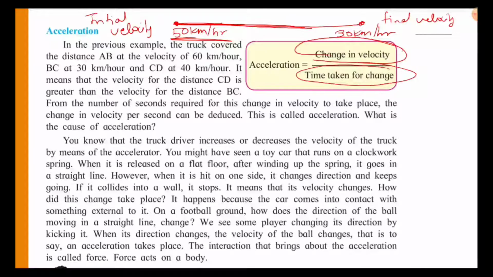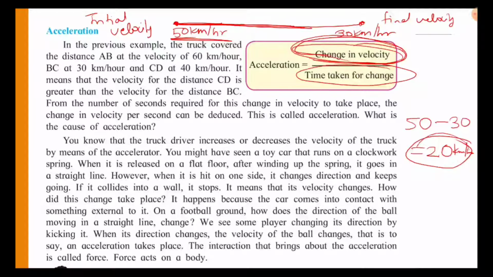Now what do you mean by change in velocity? At first the velocity was 50 and now it is 30. If we subtract it, the change in velocity is 20 km per hour. How much has the velocity changed? 20 kilometer per hour. So here the answer will be 20 kilometer.